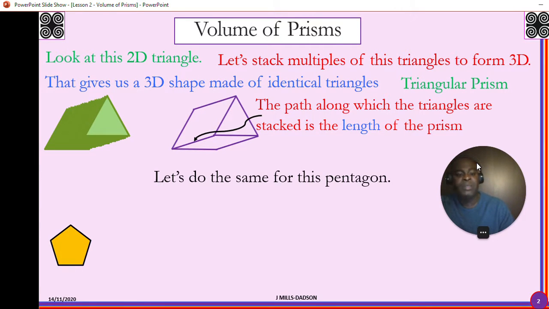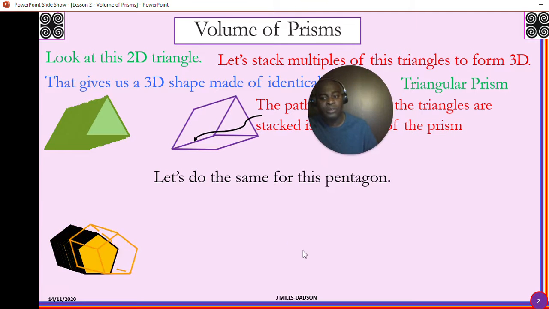Look at a pentagon. What happens when you stack pentagons, identical pentagons, the same way as we did the triangle? We're going to have a new 3D shape. And what name will you call that? If that is called triangular prism because it's made of triangles, what will you call the one made of pentagon?